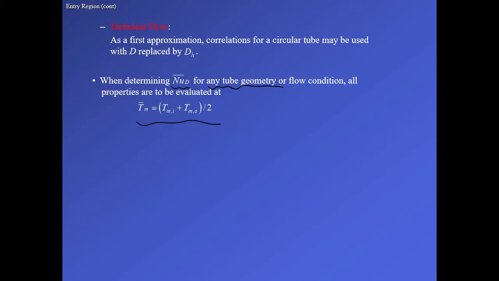As we know, as the flow proceeds from left to right, the fluid temperature will either increase or decrease depending on whether it's less than or greater than the wall temperature. So all the fluid properties must be calculated at the average of the inlet and outlet mean temperatures.